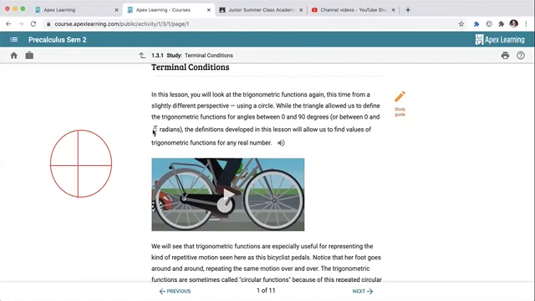This would be my starting point, 0 pi, and 180 degrees would be 1 pi. Come back around, this would also be 0, or it could also be 2 pi. My 90 degrees is pi over 2.